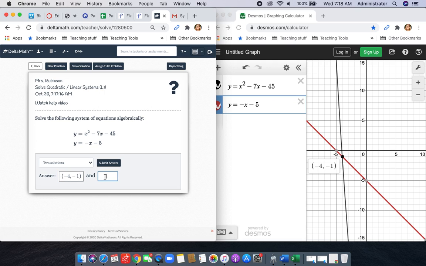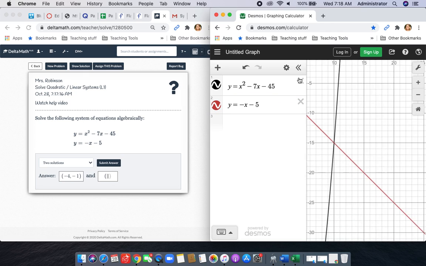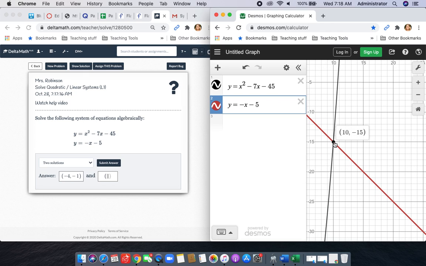This one didn't give me the ordered pair. I have to type those in since it didn't give me the ordered pairs. -4, -1, and you can either enlarge your window here or just move it. Here it's 10, -15.